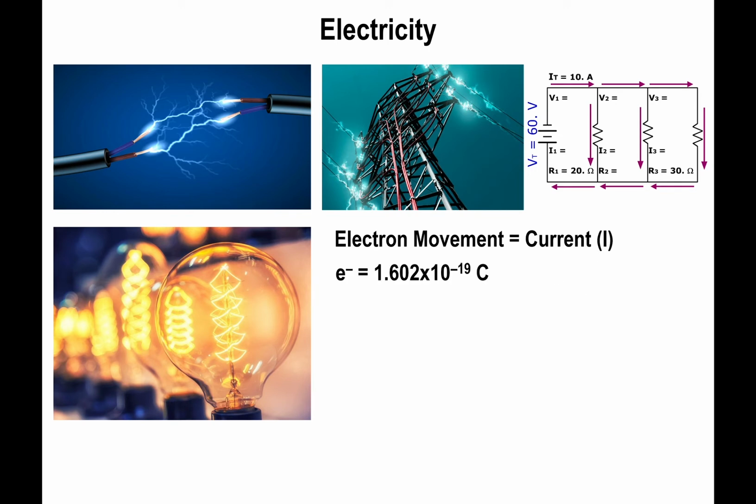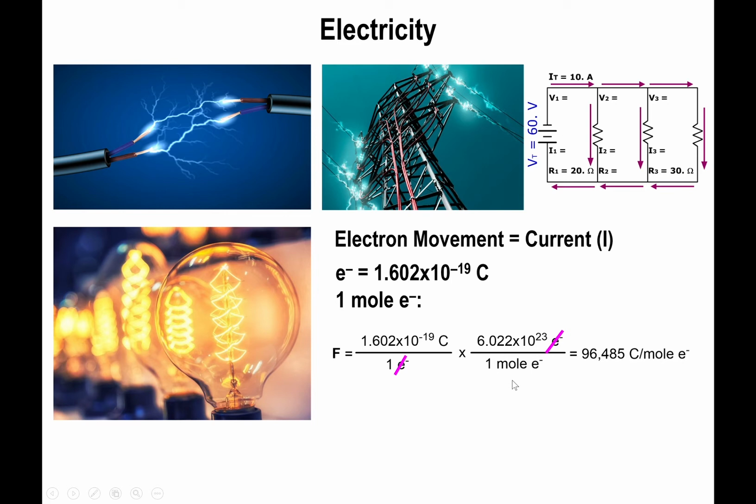And one thing to keep in mind is that electrons have a charge of 1.602 times 10 to the negative 19 coulombs. This is the charge per electron. To convert that to moles, we basically will have to multiply this by 6.022 times 10 to the 23rd electrons present in 1 mole of electrons.